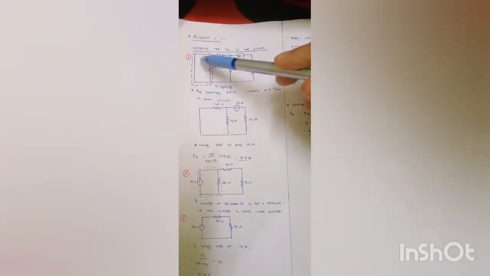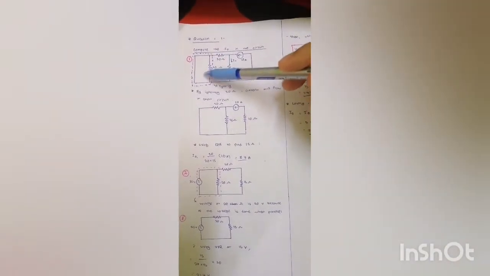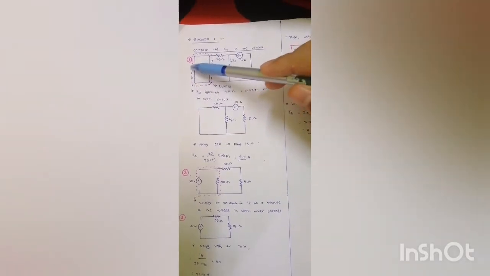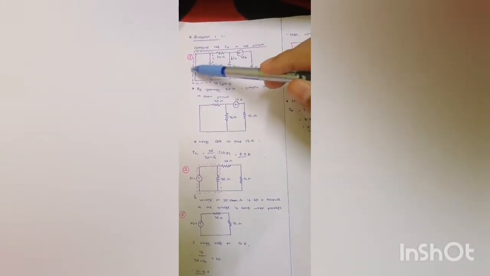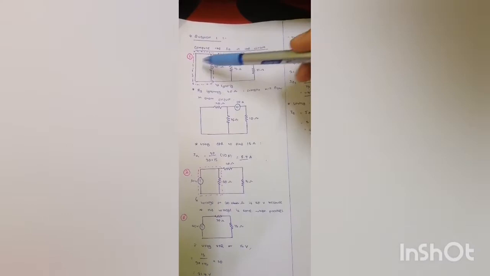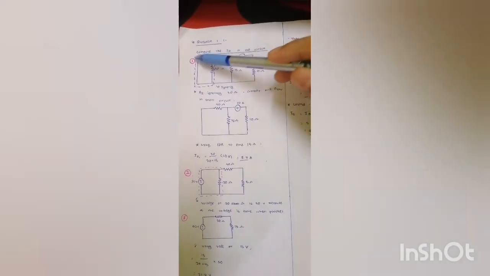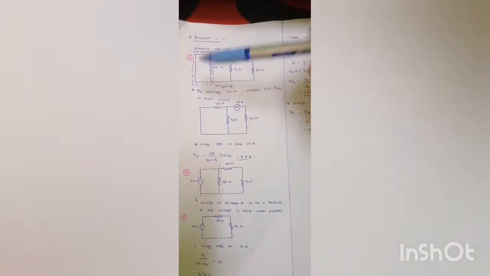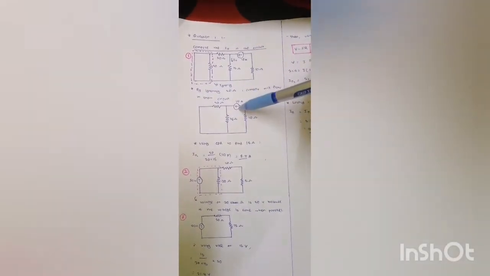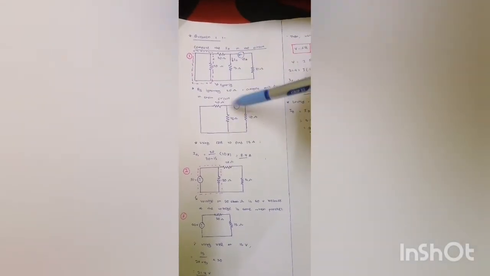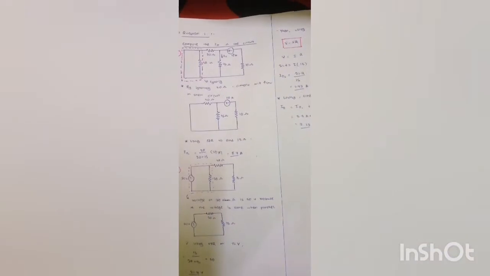At this part there is a 50 volt source, and I didn't draw it because we should ignore that. By ignoring the 20 ohm, current will flow in a short circuit. Then I draw the second step.